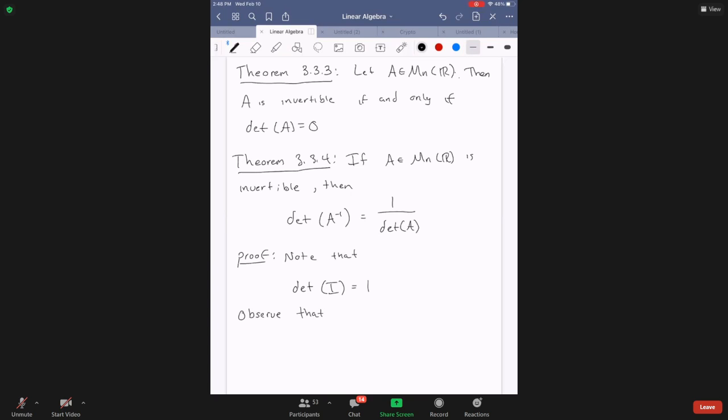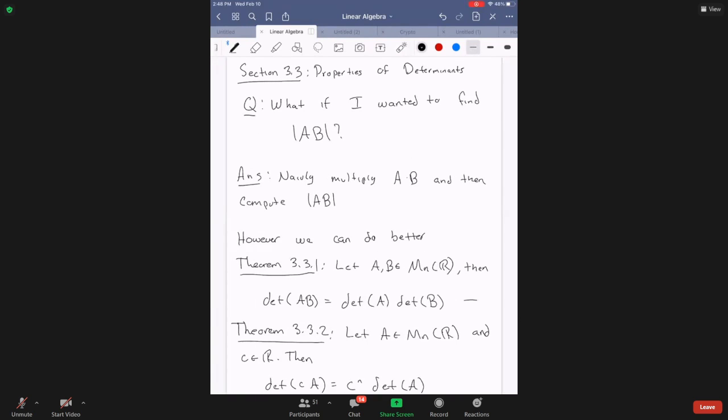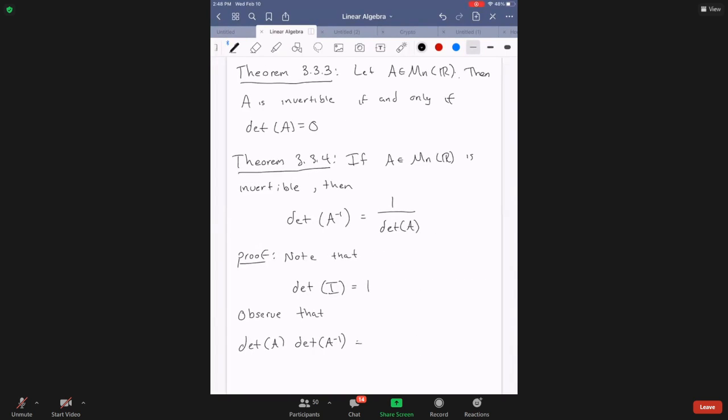Let's take the determinant of A, and then multiply by the determinant of A inverse. What do we know about this? According to the previous theorem, we can combine these two to be 1. So now we have the determinant of A times A inverse.